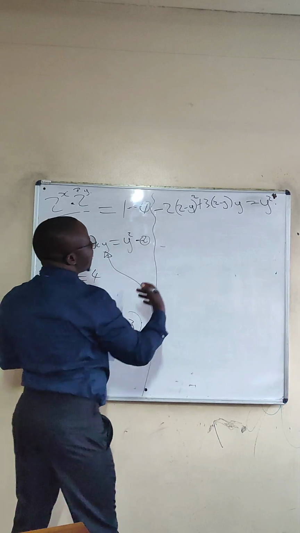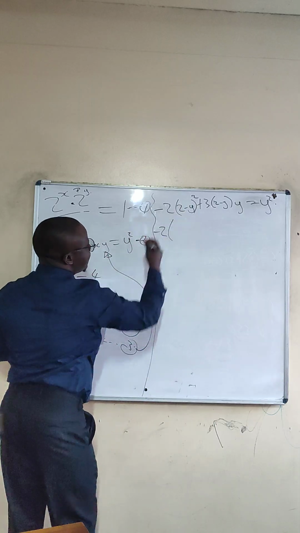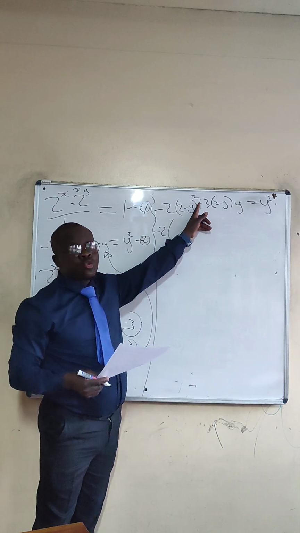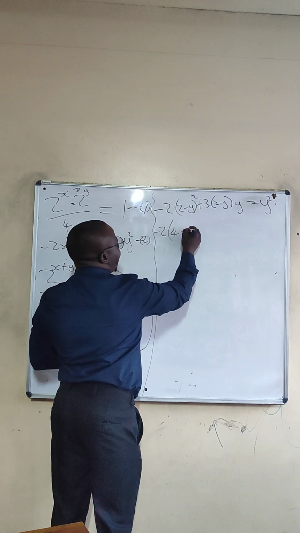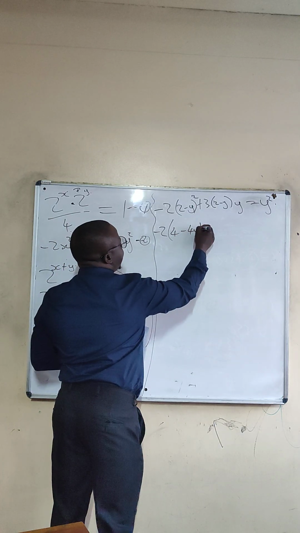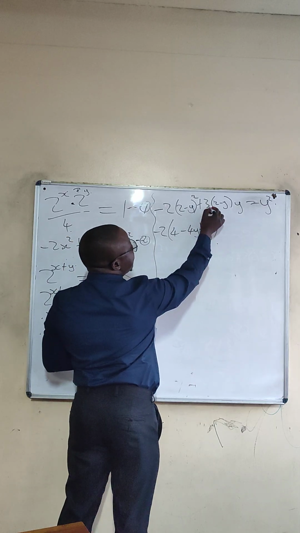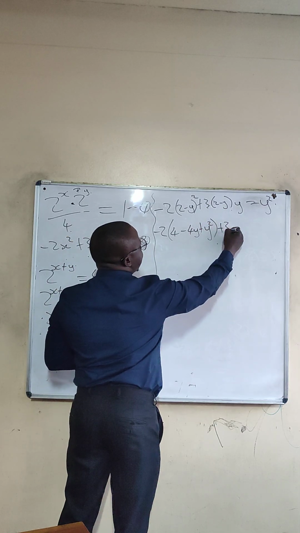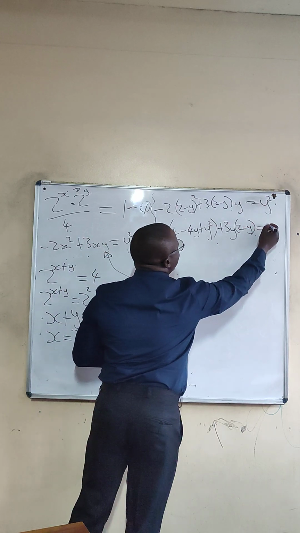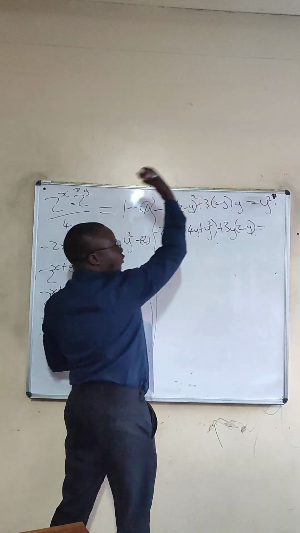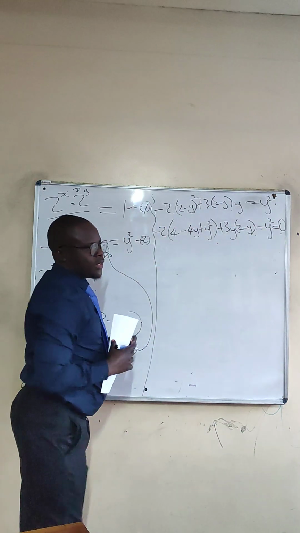Then we have to solve this minus 2 bracket, 2 subtract y squared. We are going to come up with 4 minus 4y plus y squared. Then on the other side, we combine these 2 outside, plus 3y times 2 minus y, and let's bring y squared over here, minus y squared equals 0.